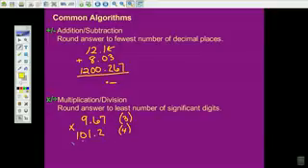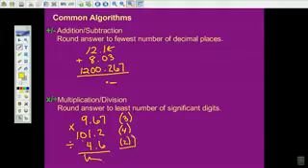And then I decide I'm going to divide everything by 4.6. That has 2 significant digits. So whatever my answer is here, whatever it is, I have to round so that my final answer has 2 significant digits.